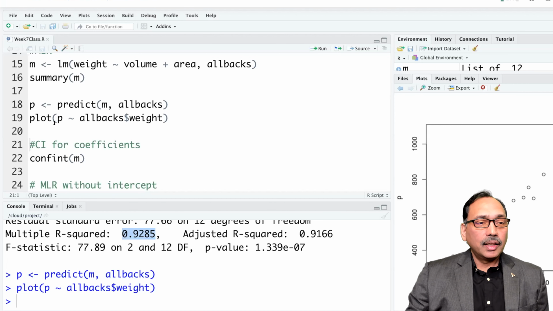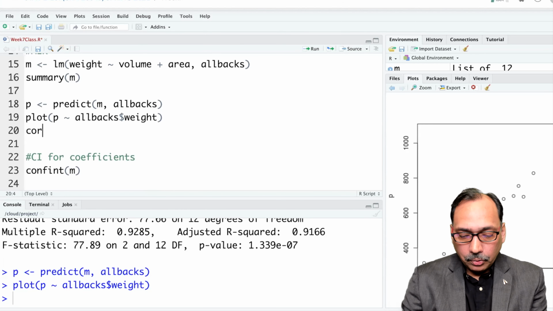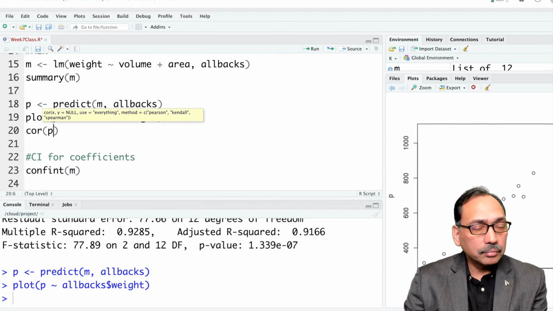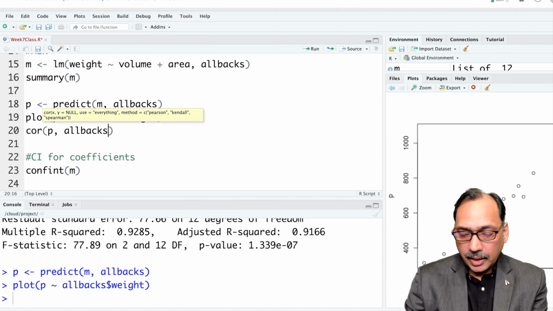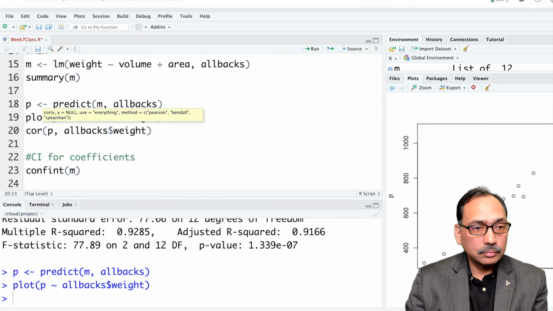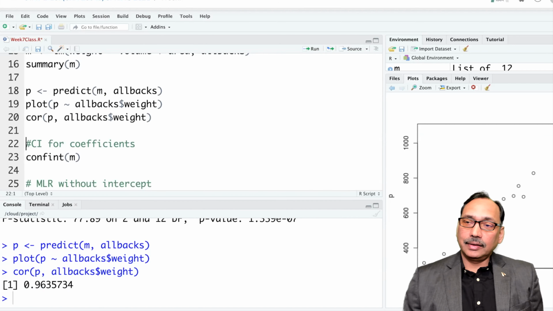0.9825 is the value between P versus actual. So we can get that very easily. If you do correlation between P and all backs dollar weight, you get 0.963.